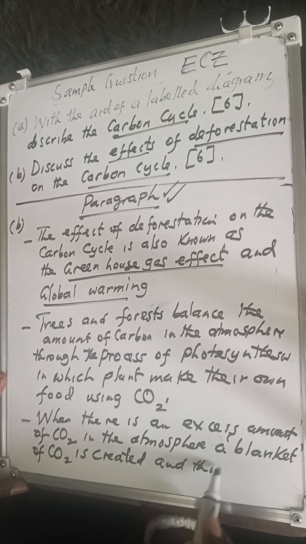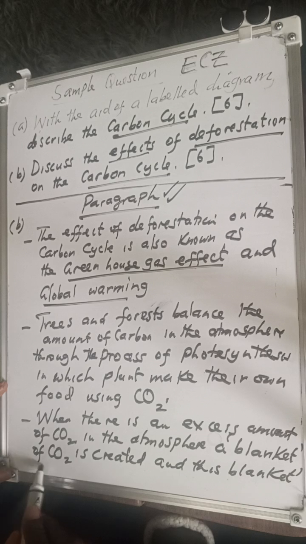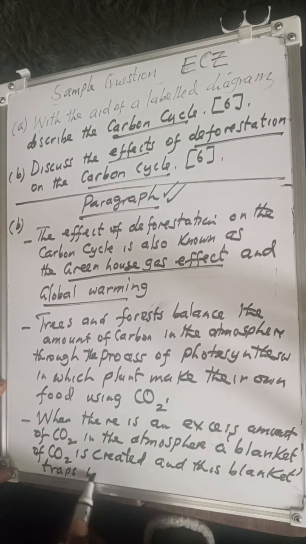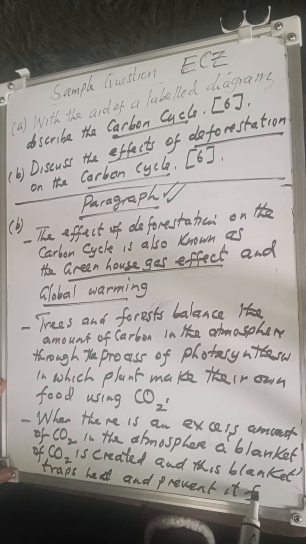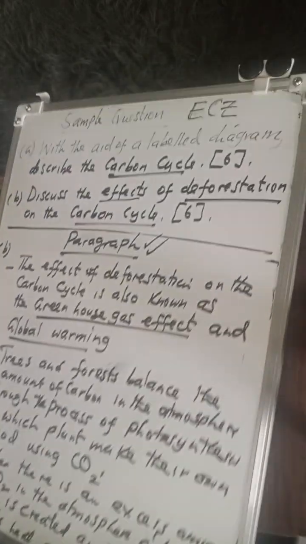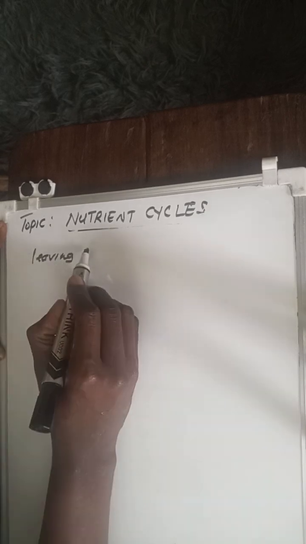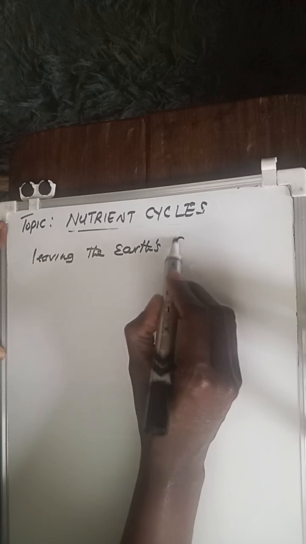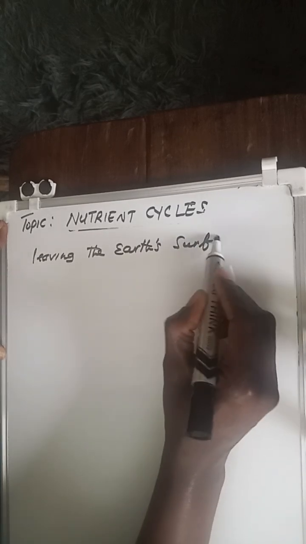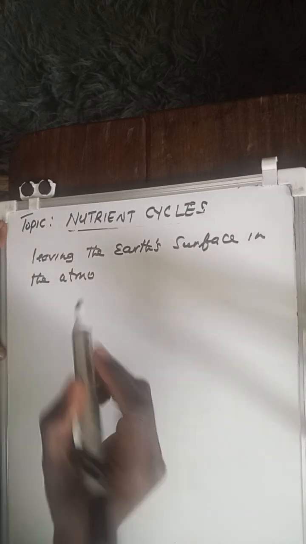And this blanket of carbon dioxide that is created traps heat and prevents it from leaving the Earth's surface in the atmosphere.